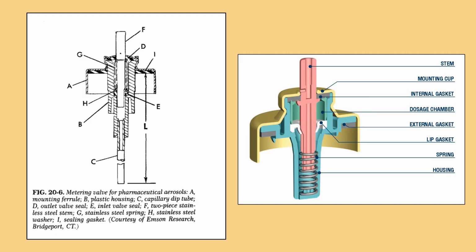So this is a figure of a metering valve for pharmaceutical aerosols. In this you can see a stem, mounting cap, internal gasket, dosage chamber, external gasket, lip gasket, spring, and housing.